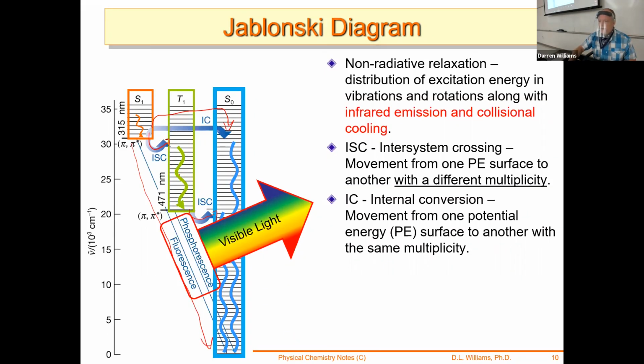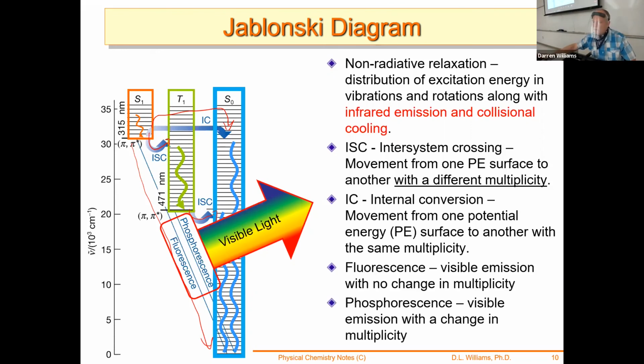Or after that intersystem crossing, it could have a spin flip and an emission, and that would be phosphorescence, and that would give us visible light. So here's all of your fates of the excited states put on one diagram, and the difference between radiative and non-radiative. Okay. We don't show dissociation on here, but some of those states could lead to dissociation or pre-dissociation.